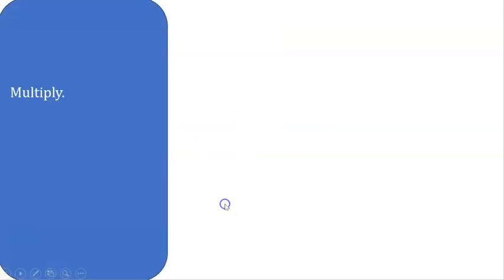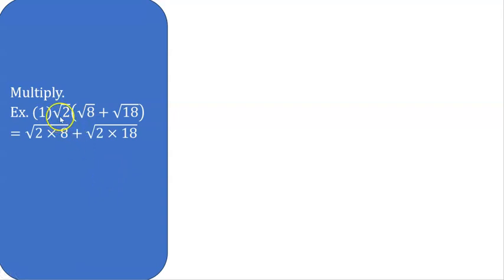Now next, multiply. First example: root 2 into (root 8 plus root 18). Now here is a simple multiplication. Root 2 into root 8 means root of 2 into 8, plus root 2 into root 18 means root of 2 into 18.